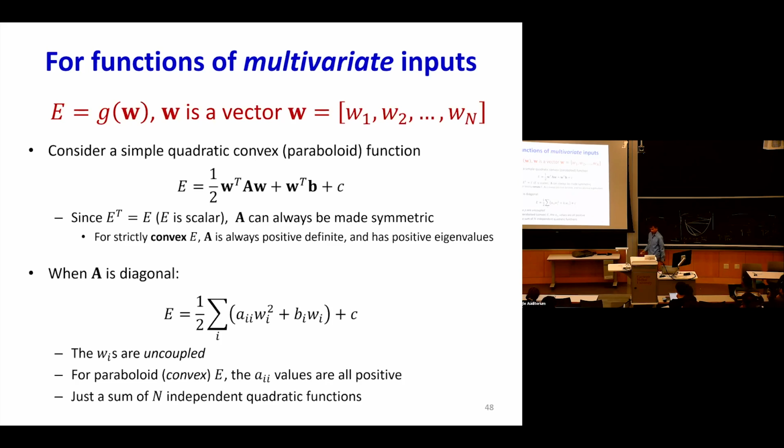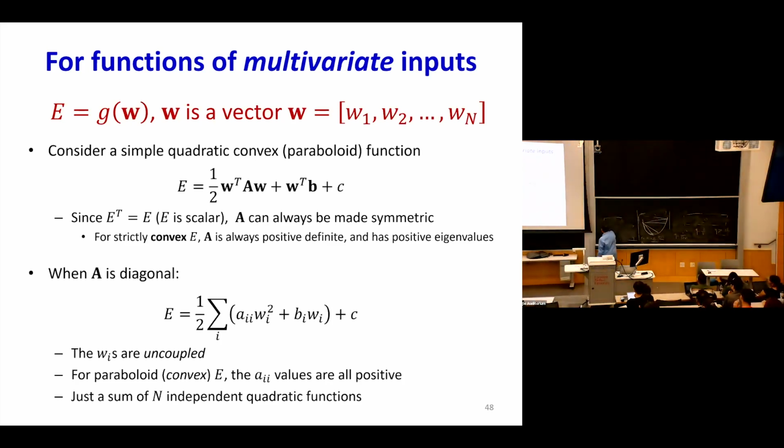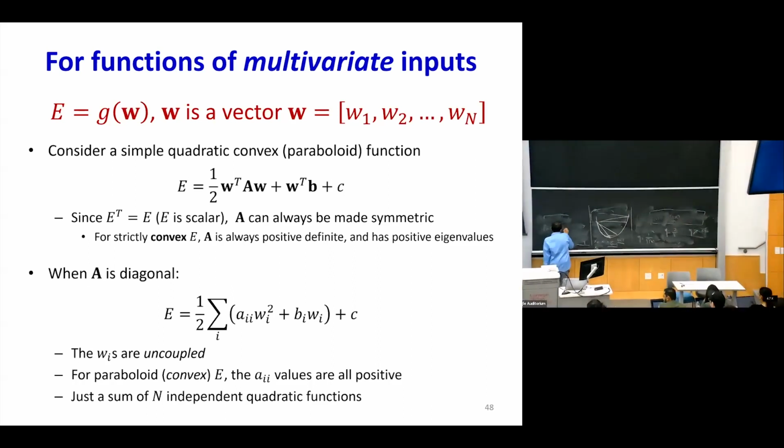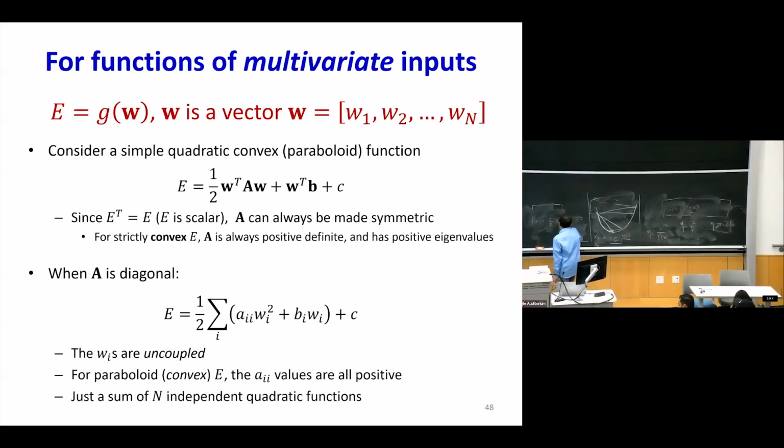Now x is a vector, right? And so I'm going to say f of x equals half of x transpose A x plus b transpose x plus c. You'll observe that if x is a column vector and A is a matrix, this is going to end up being a quadratic function, right?